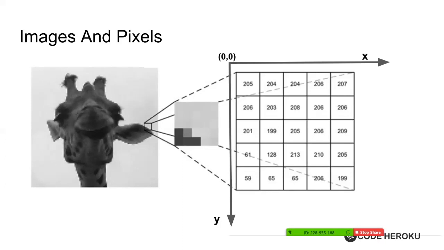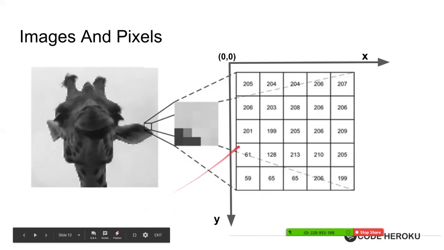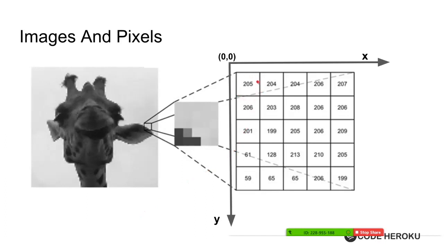This 205 over here, let me make sure that you see my pointer, is the first pixel that we're going to consider, the 0th coordinate, (0, 0). This is our origin. So this is always going to be (0, 0), and the x-axis will increase in this direction and the y-axis will increase in this direction.